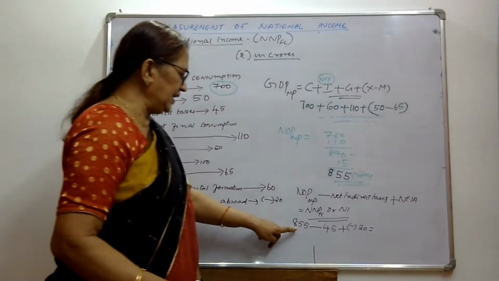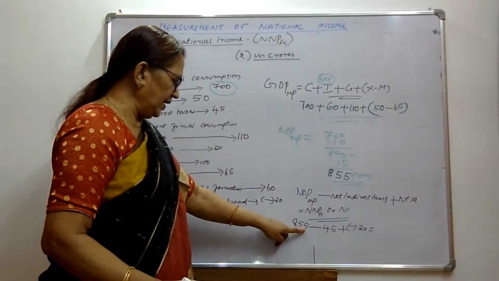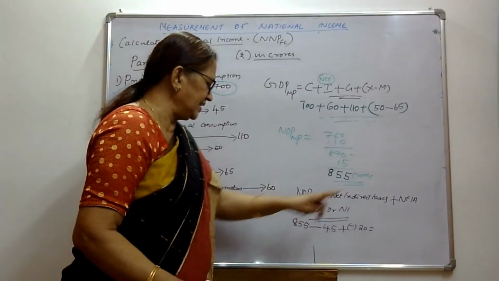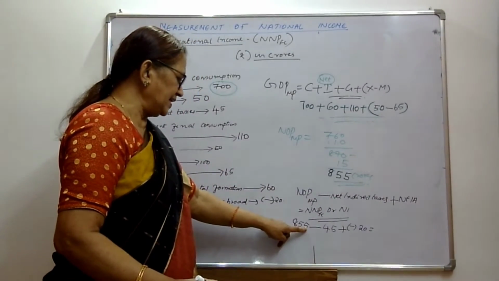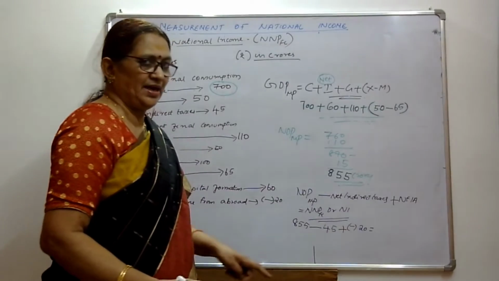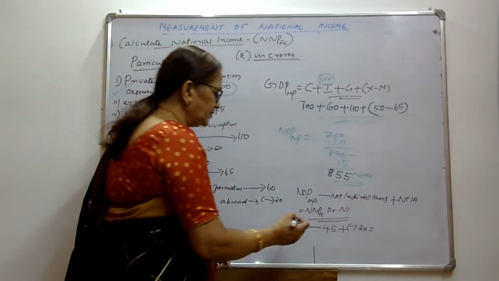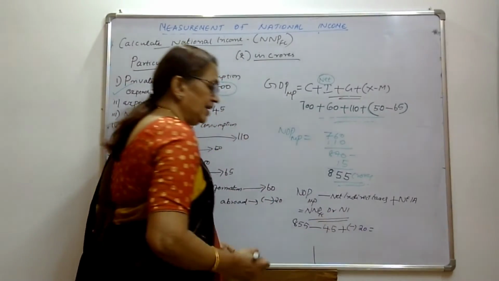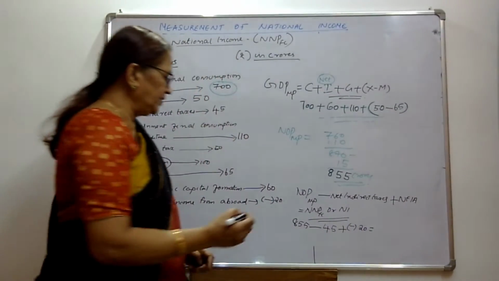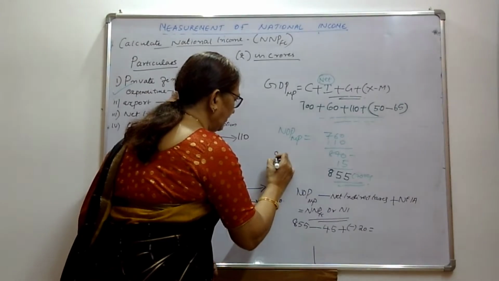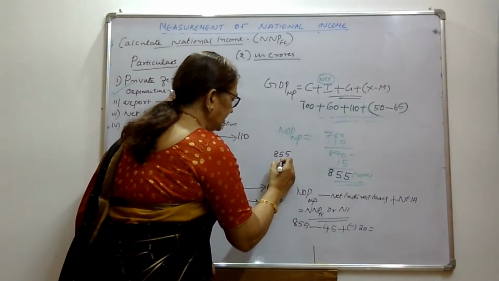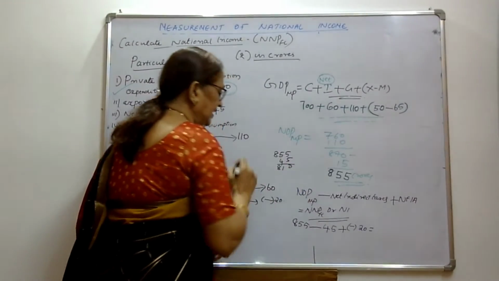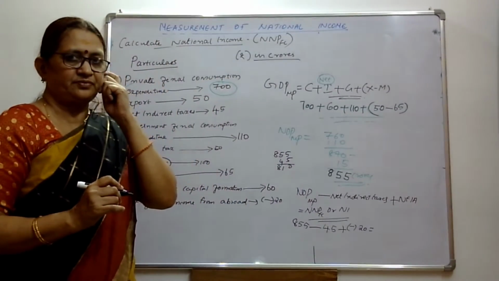So what is the answer here? 855 minus 45, NDP at market price minus net indirect tax, is 810.